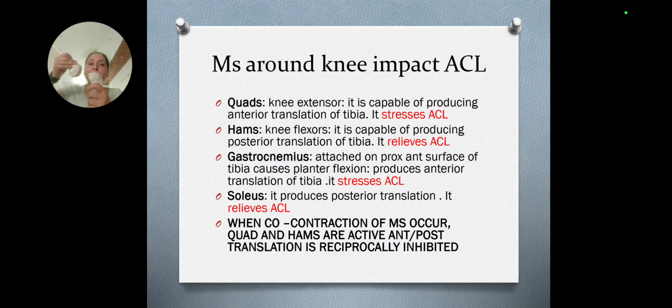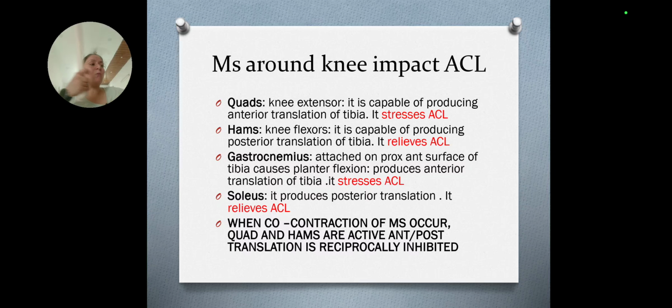Remember guys, we are talking about the movement of the tibia. Herein a concave surface is moving on a convex surface, and the osteokinematics and arthrokinematics are on the same side. So when the tibia is moving in extension, this is the movement which is happening over here.